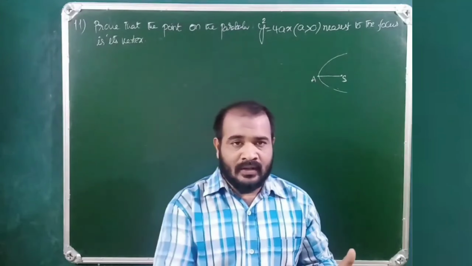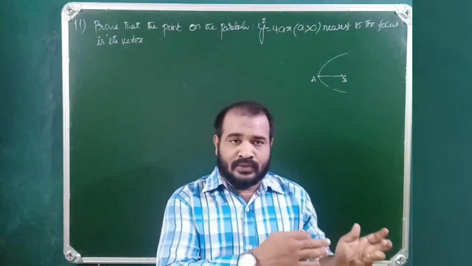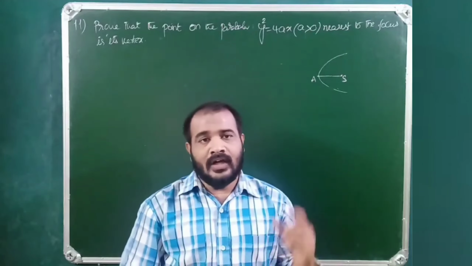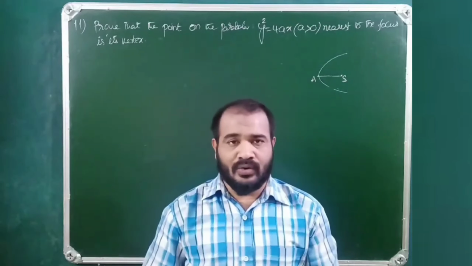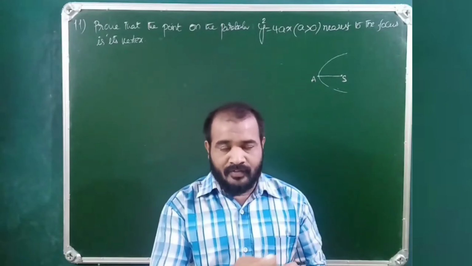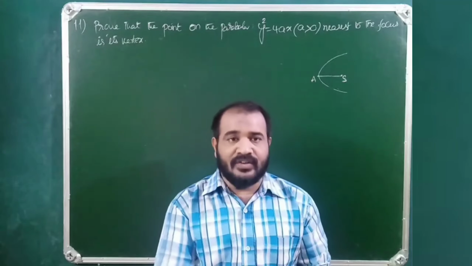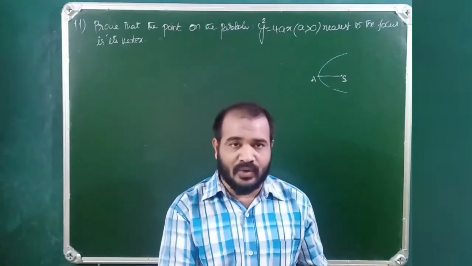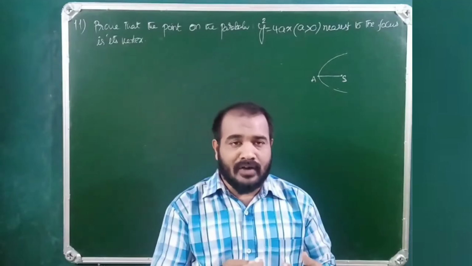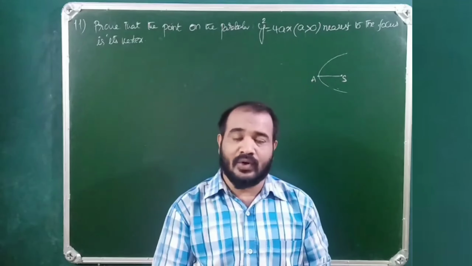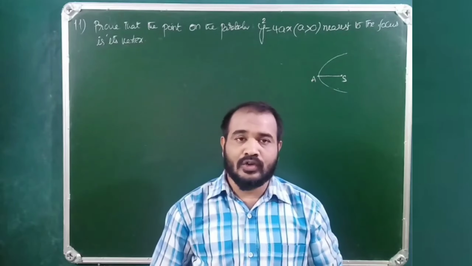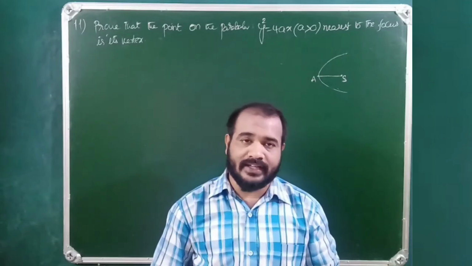To say whether it is maximum or minimum, we equate f dash t to 0 and get the t value, and then substitute it in f double dash t. If f double dash t is greater than 0, it has a minimum at that t value, and if f double dash t is less than 0, it has a maximum at that point t equals to something, which we got by substituting f dash t equals 0.